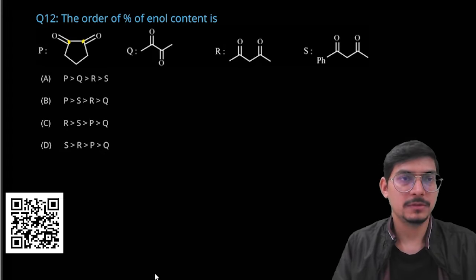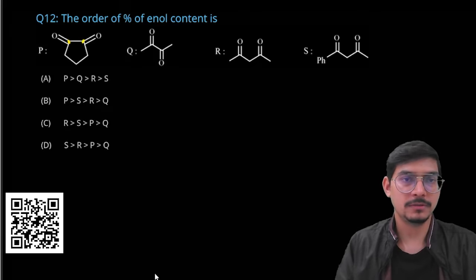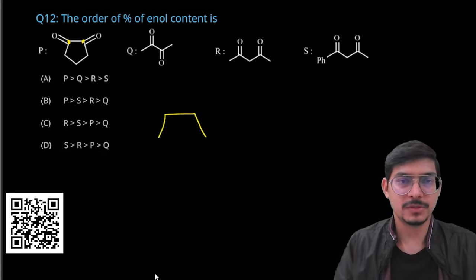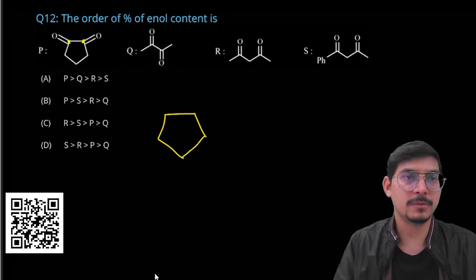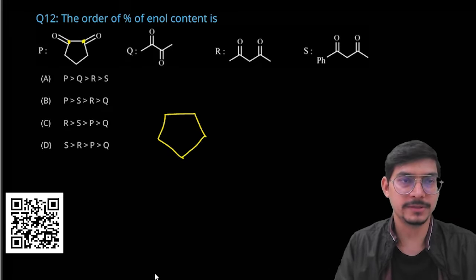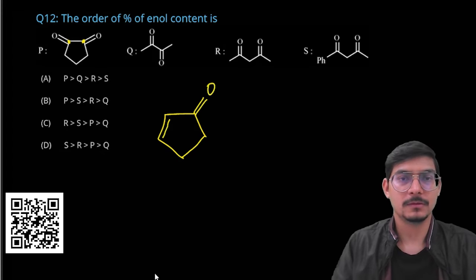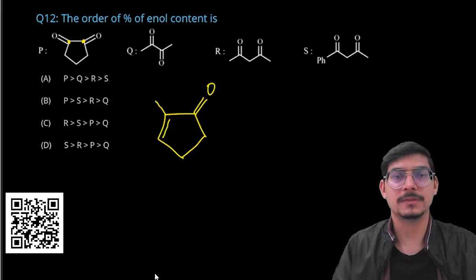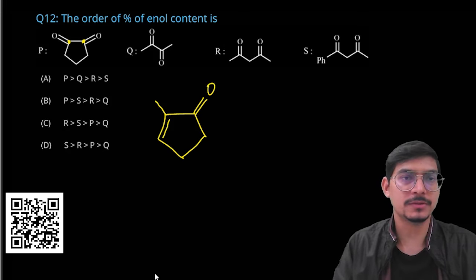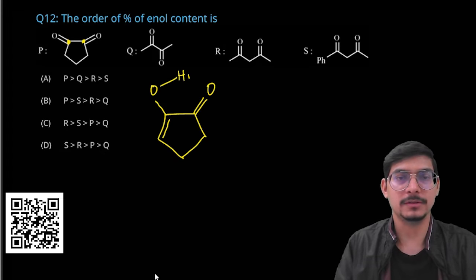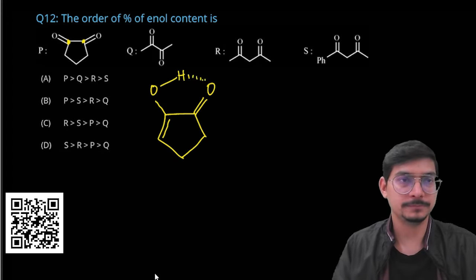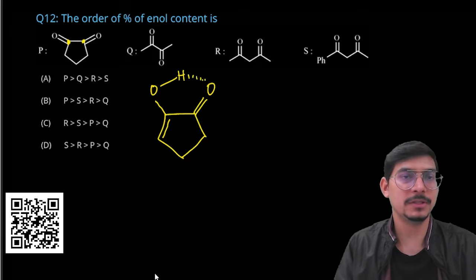This molecule forms exceptionally stable enol because formation of enol leads to less repulsions, because right now these two carbon double bond oxygen are forced to be cis with respect to each other, but once enolization occurs, one pi bond becomes anti with respect to the other pi bond, and also as this carbonyl group tautomerizes, that is enolizes, converts to enol, there is hydrogen bonding that stabilizes this enol. So P would form the most stable enol.